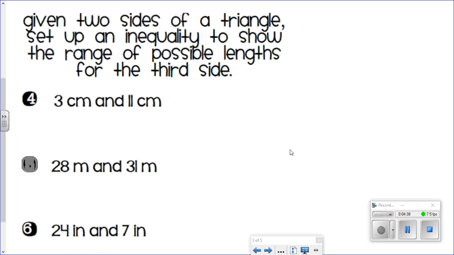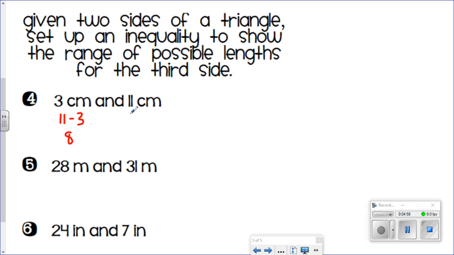For example, in example 4, you have 3 and 11. The first thing we're going to do is subtract 3 and 11. Make sure you always do the biggest number minus the smallest number because you want to keep the value positive. So we have 11 minus 3, which is 8.